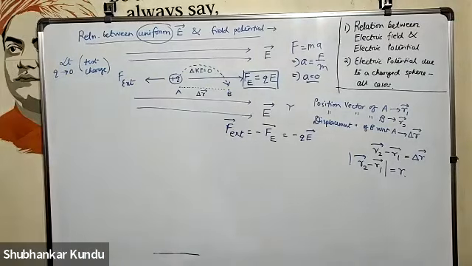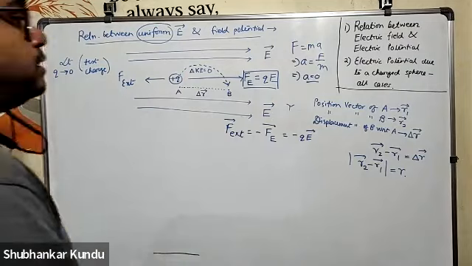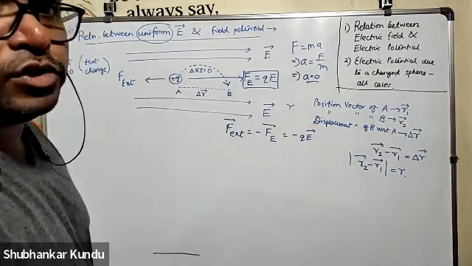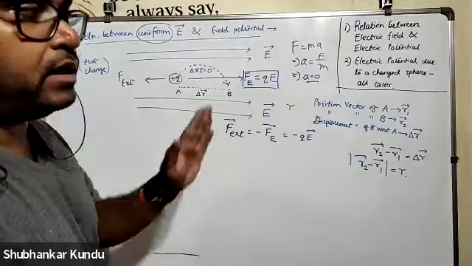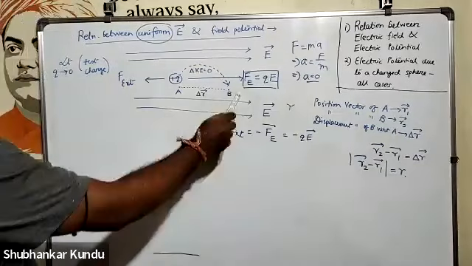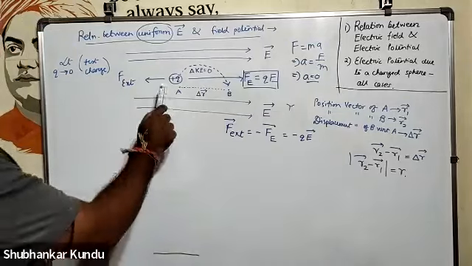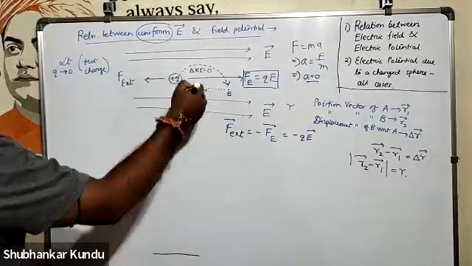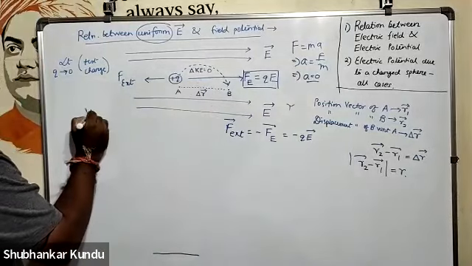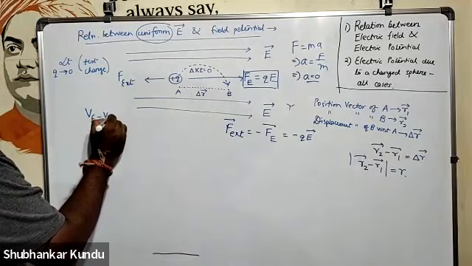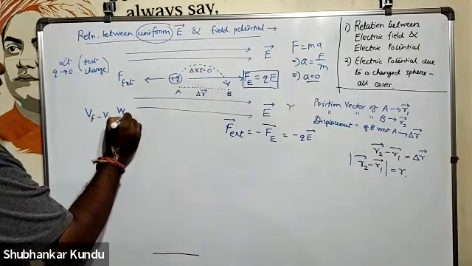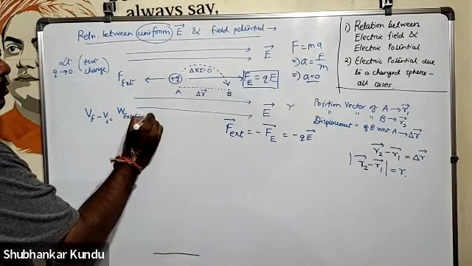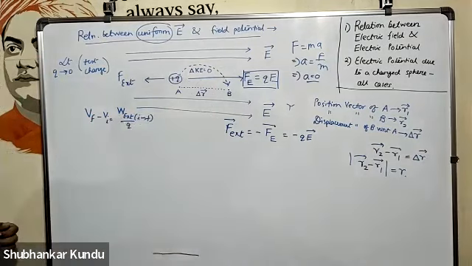Now say me one thing. How do we calculate potential difference? Potential difference is always calculated as the difference in potential between the final minus initial. Which is your final point? This one. This is your initial point because you're traveling from here and reaching B. So the electric potential difference, V final minus V initial, is equal to the work done by the external force from initial to final per unit charge.